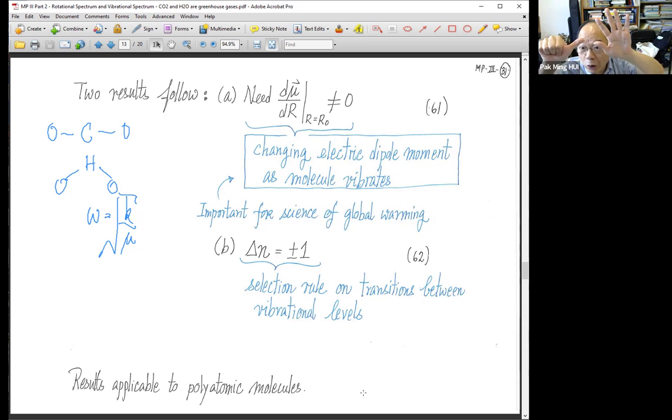It's a linear molecule. The orientation will take 2 angles. You have 4 vibrational modes. Now, students, you better do the counting first before you start writing down Newton's law for M1, M2, M3, then set up the equations and do normal mode analysis to find the normal mode frequencies. Okay, you do counting, you know how many you will get.